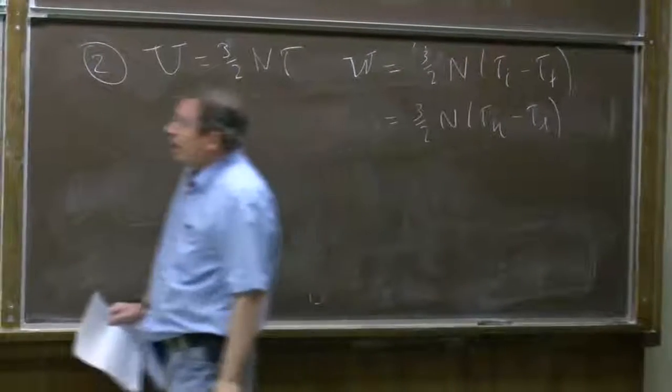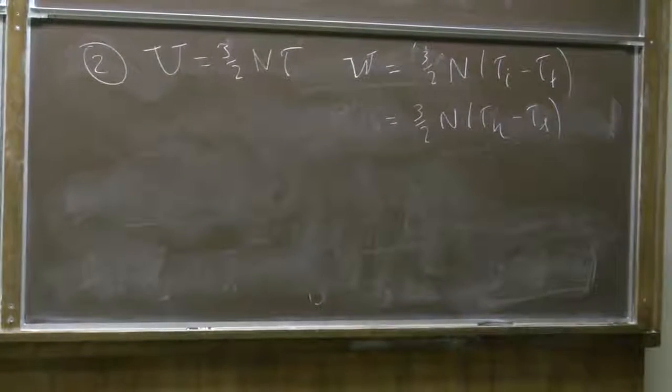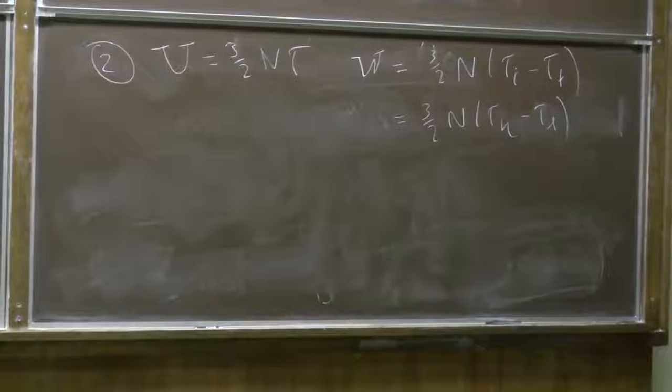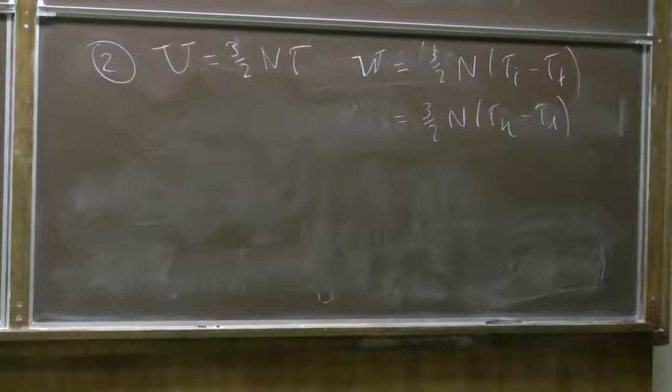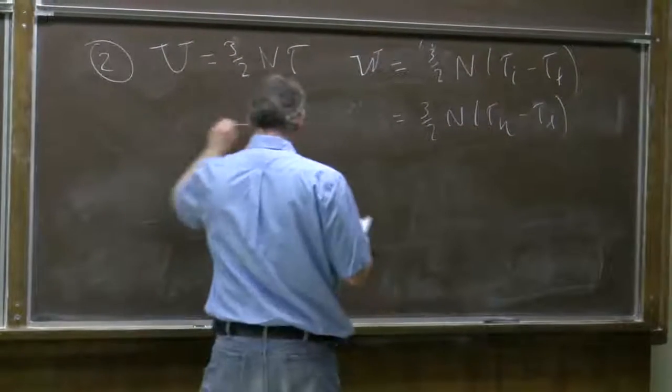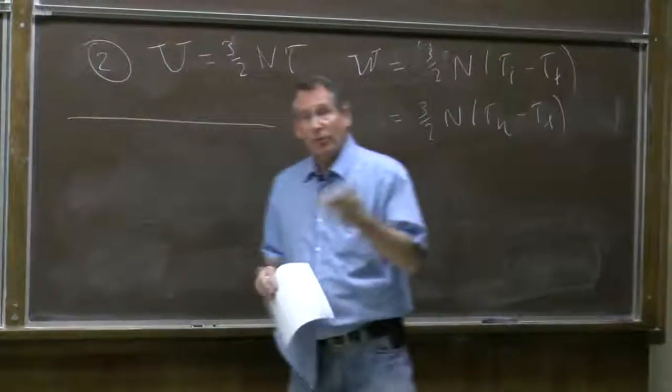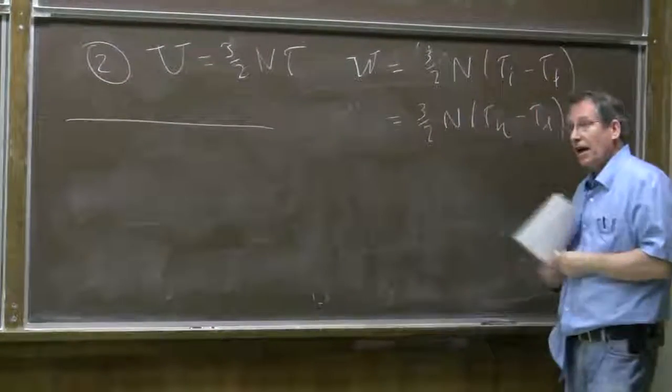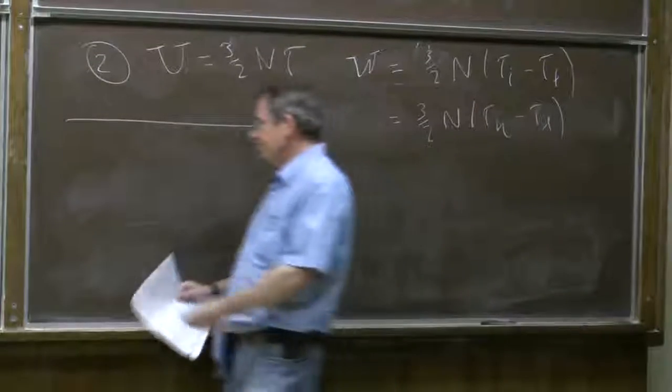Now remember, if you want to know how the pressure is related to the volume during isentropic expansion, we have to remember what the entropy is, because isentropic means entropy constant.